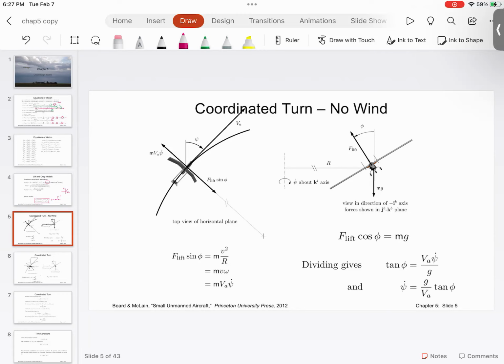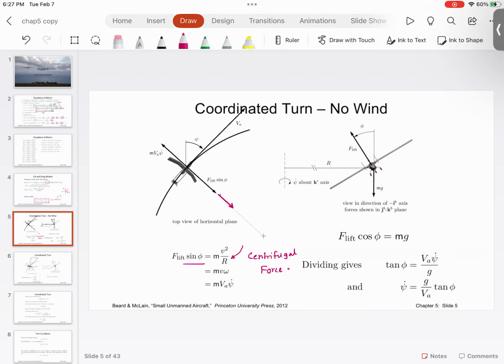So what we do is, in the yaw domain, we write this equation: lift force and the phi component of it, lift force and the roll component of it. This is the component of lift in the plane which is going down, and this has to be equal to the centrifugal force.